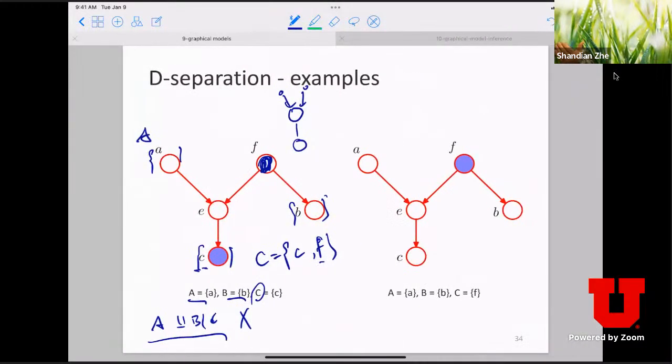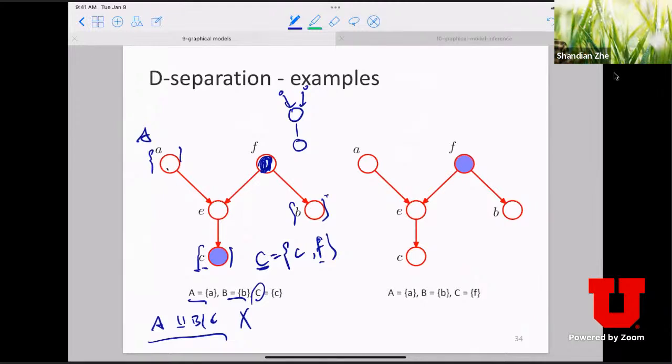If all the nodes in C are observed, if A and B are independent. So the first condition said that the only path is blocked, so they are conditionally independent. Yes, exactly. If you imagine you throw a ball, you find one path. You want to see if the ball starting from A can safely arrive at B.